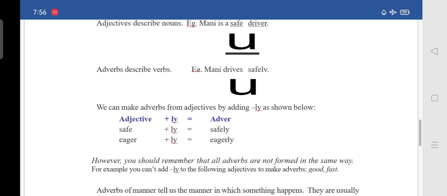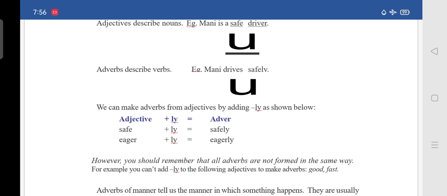So we can make adverbs from adjectives by adding "ly" as shown below. Here they have shown how we can change an adjective to an adverb. If you see here, adjective plus ly is equal to adverb.